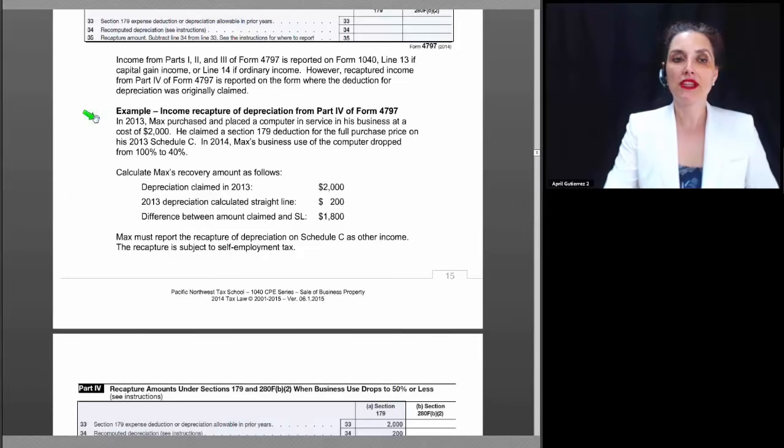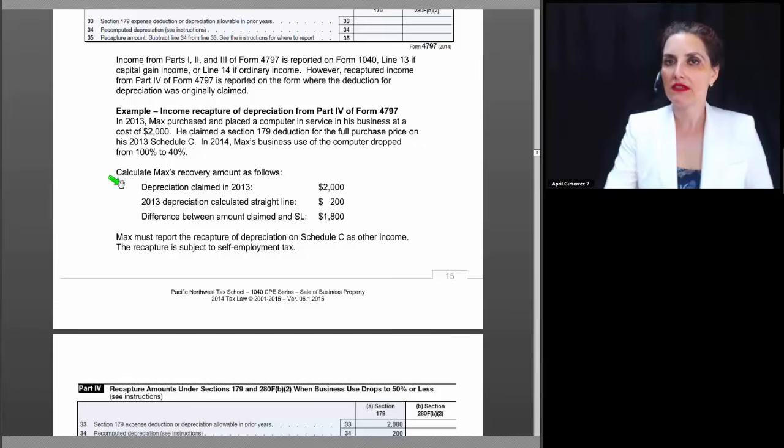In 2013, Max purchased and placed a computer and service in his business at a cost of $2,000. He claimed a Section 179 deduction for the full purchase price on his 2013 Schedule C. Then in 2014, Max's business use of the computer dropped from 100% to 40%. Calculate Max's recovery amounts as follows.